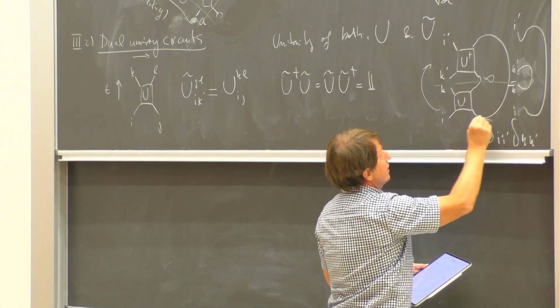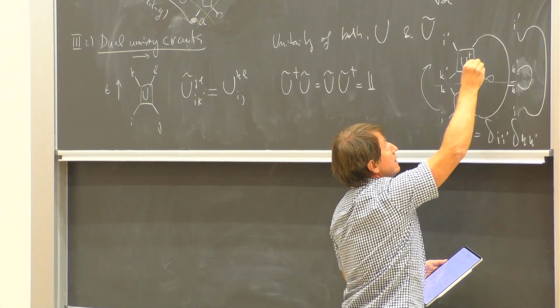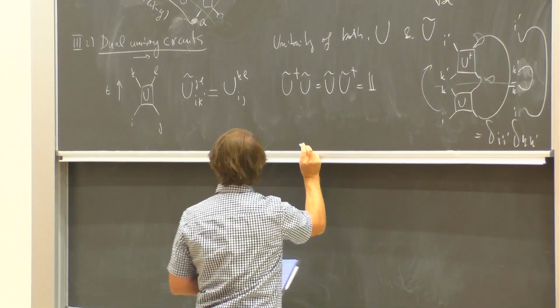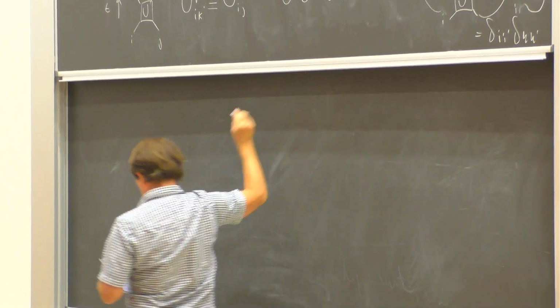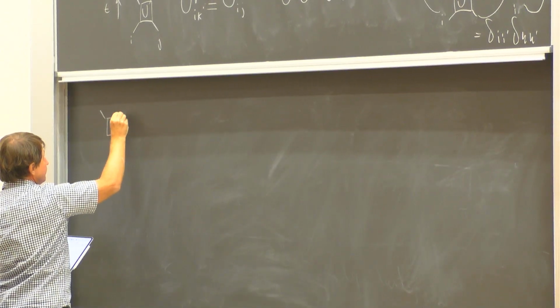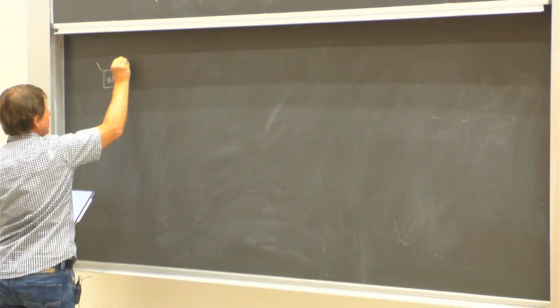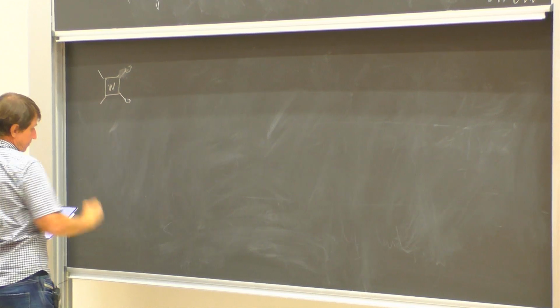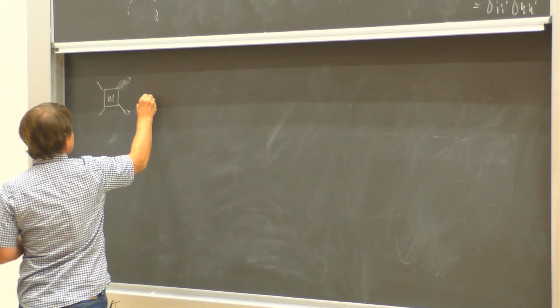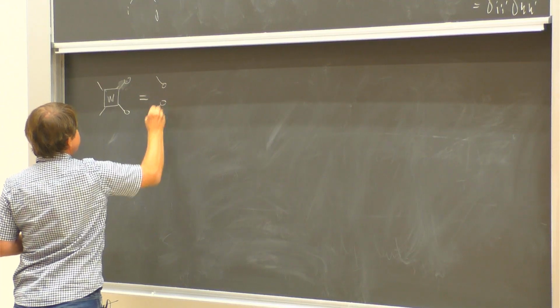And then we are also identifying this and this, which is again just doing a circle like this. So what we are doing basically is taking W and requiring this to be equal to that.